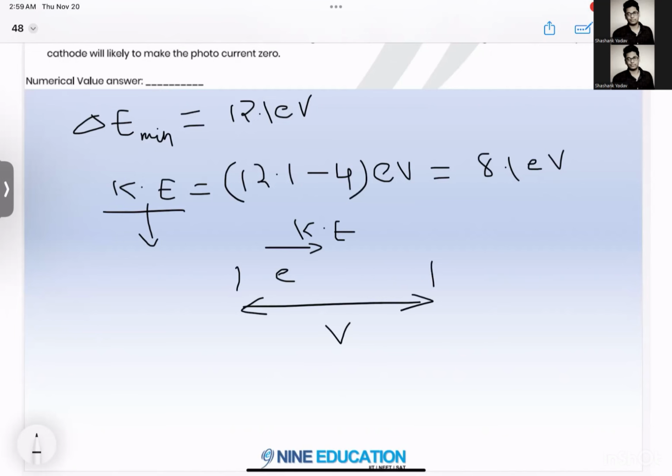Therefore, you can say eV is equal to 8.1 electron volts. That means the voltage of the anode with respect to the cathode must be 8.1 volts. If you round it off, the answer must be 8.